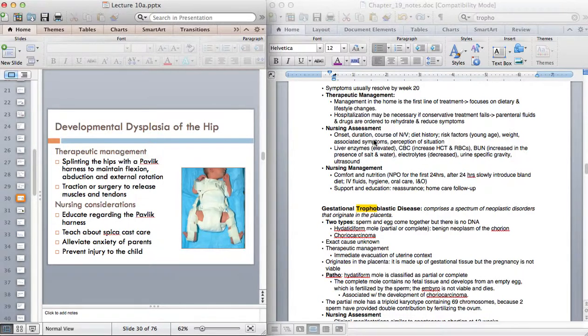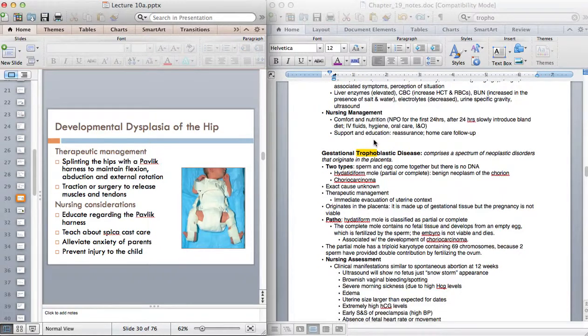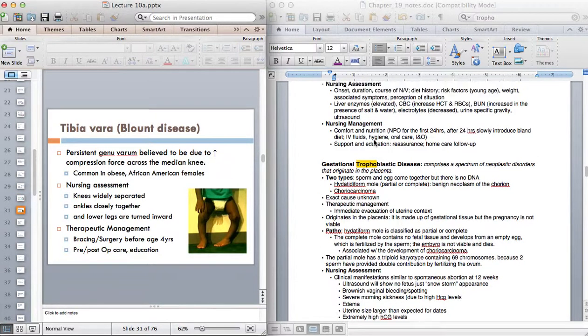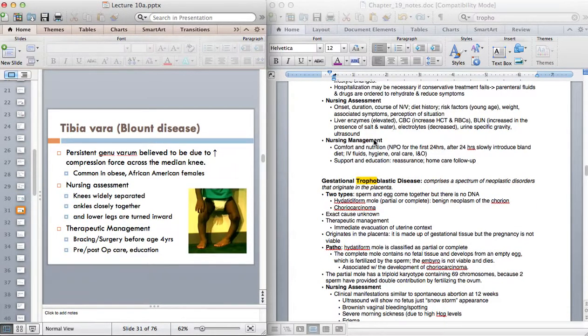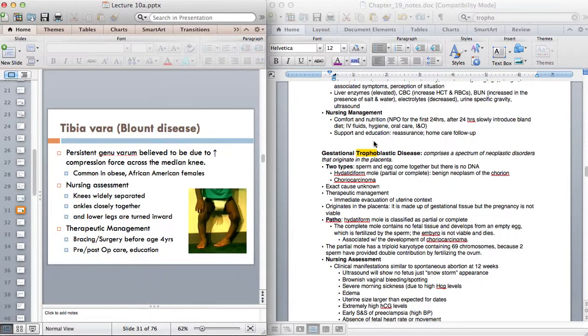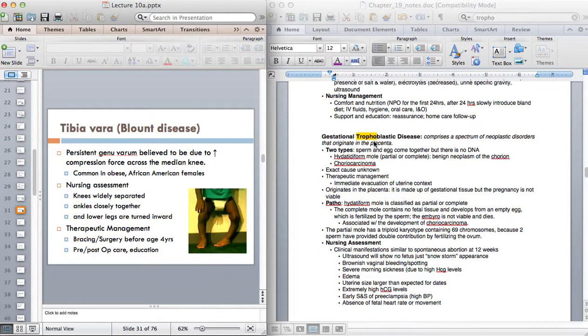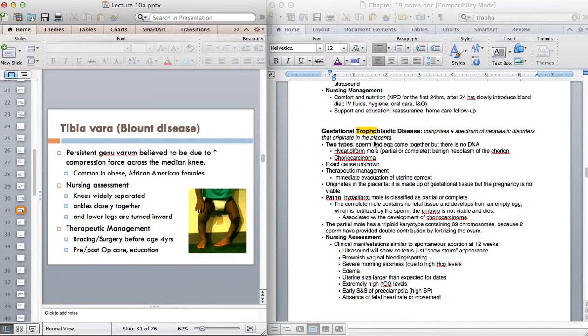Sometimes it does not straighten properly, and with undue force, it curves some more, especially in obese adolescents, especially the African American female. You see that with teenagers, you see them with that problem.